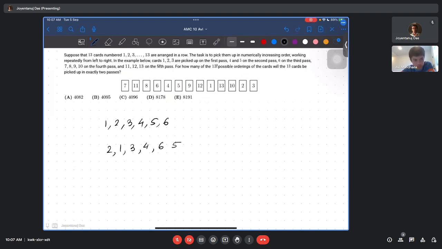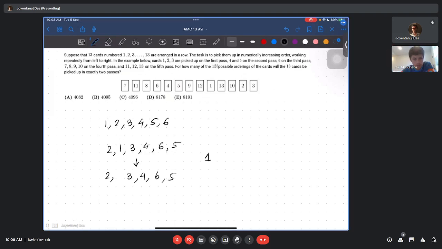What do I mean by a picking pass? You start looking at one and check the increasing order. After one, two is not available. So in the first pass I can only take out one, and I am left with two, three, four, five, six.